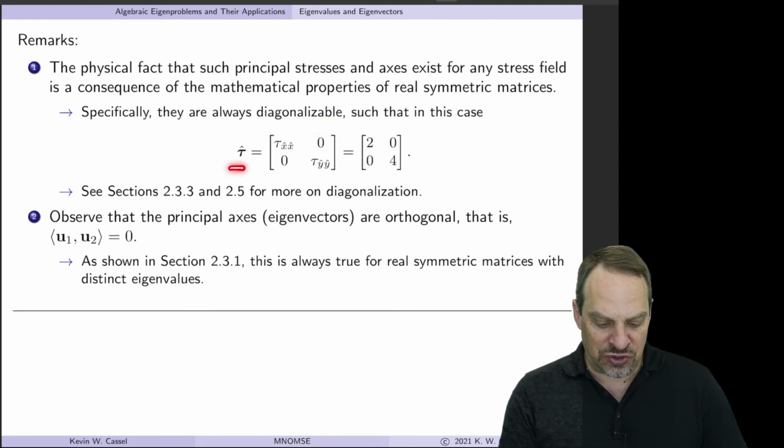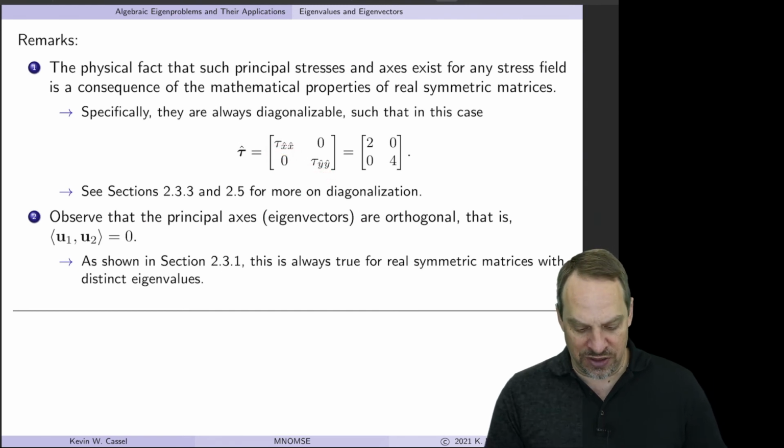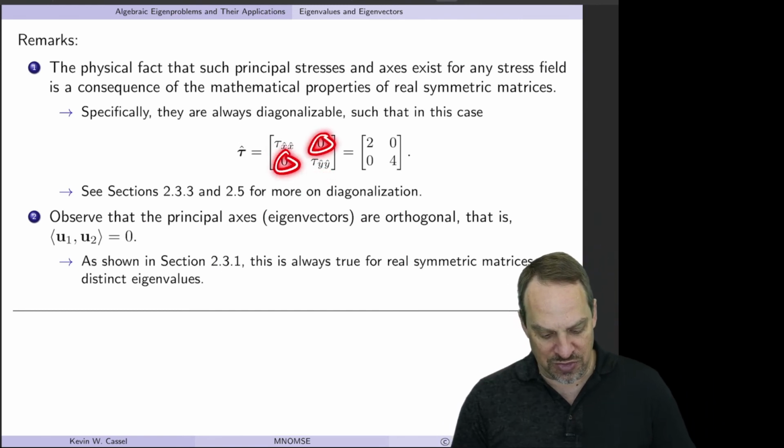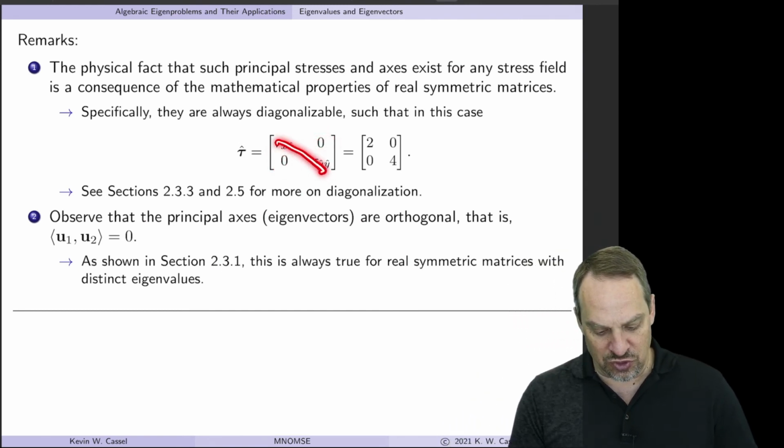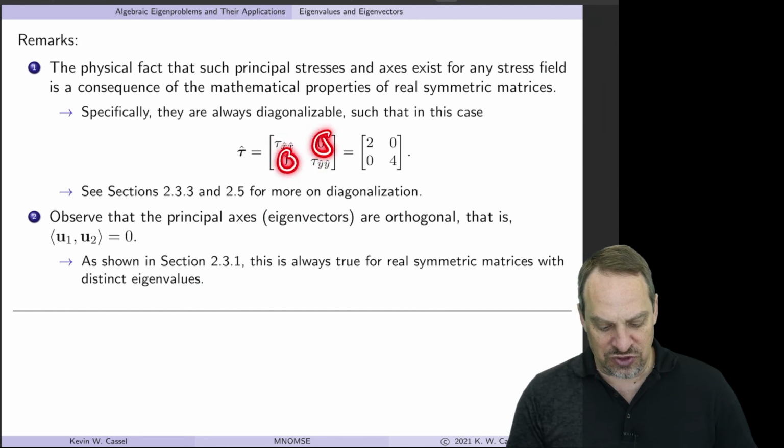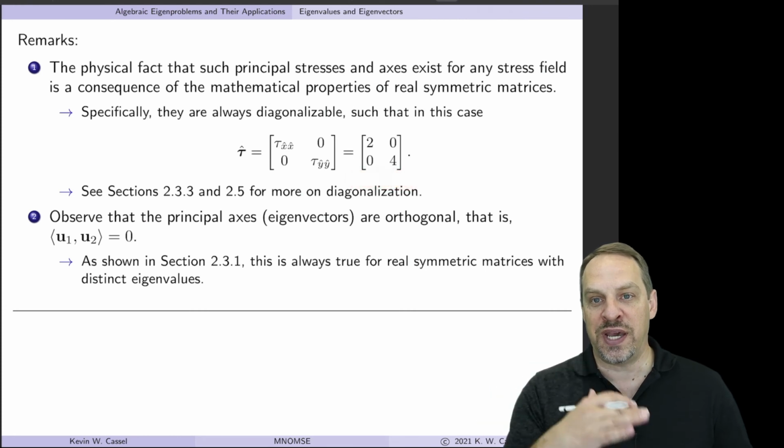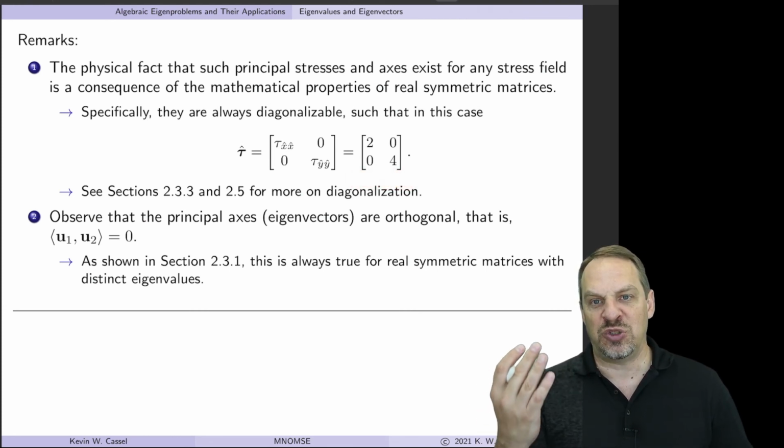If I write the new stress tensor with respect to x hat and y hat, it's now a diagonal matrix. I only have non-zero elements on the main diagonal, 0 elements on the off diagonals. These are the normal stresses. These are the shear stresses. And so you can see that it has been diagonalized. Our 2 by 2 matrix has been diagonalized.